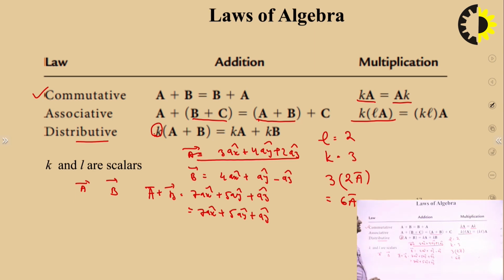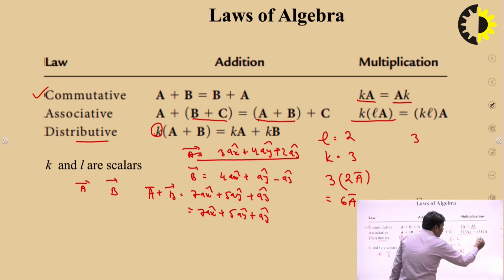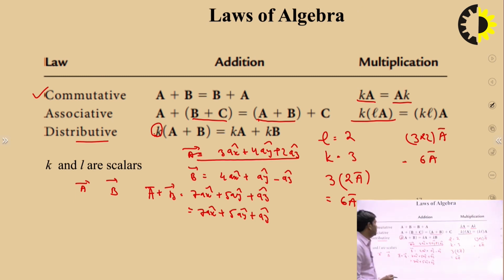So in this case the LHS is 6A. If we take the RHS, k is 3 and l is 2, that means 6 into A, which is the same. So by using the multiplication laws of algebra, the associative law also holds in multiplication.